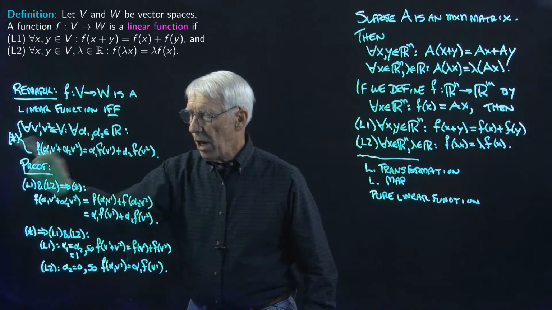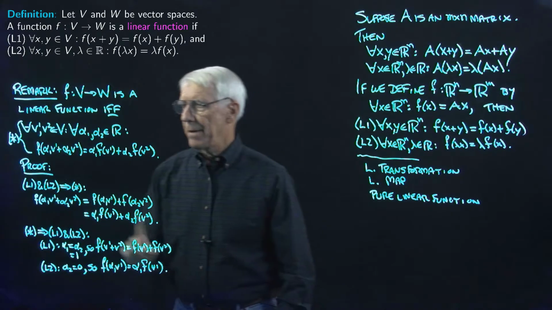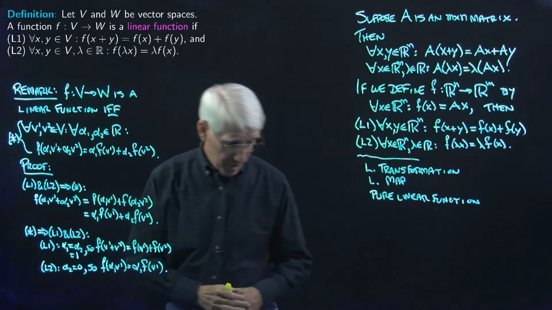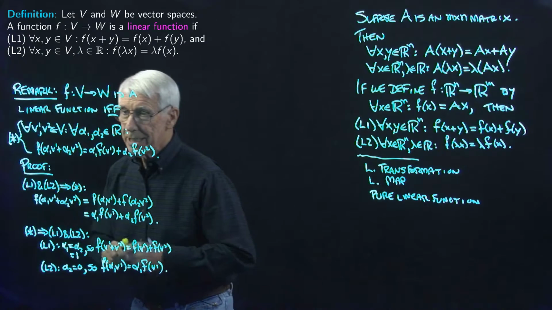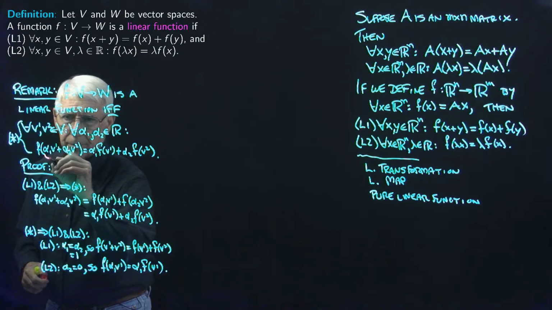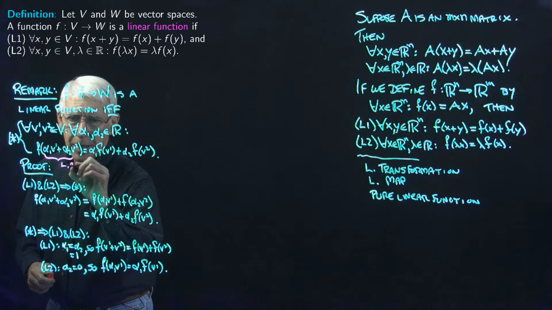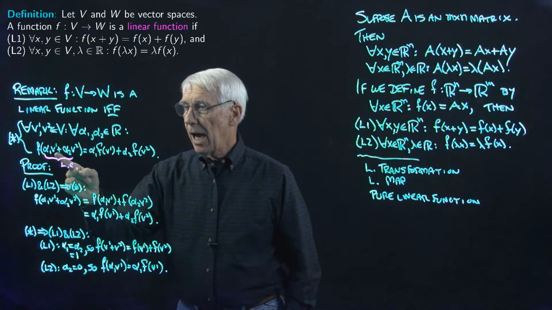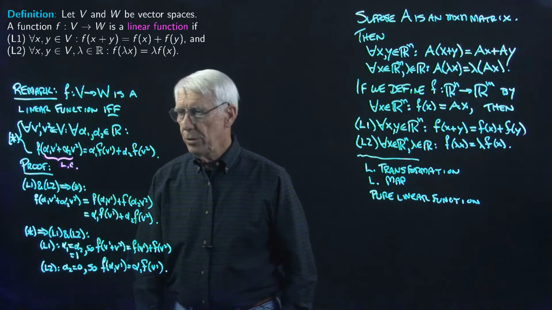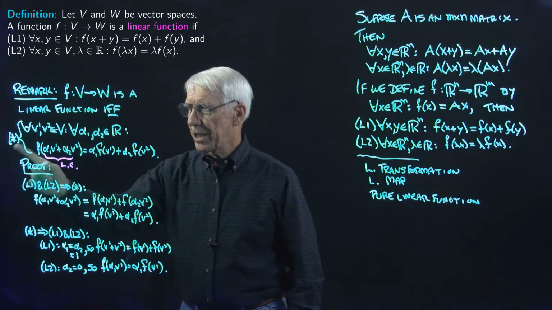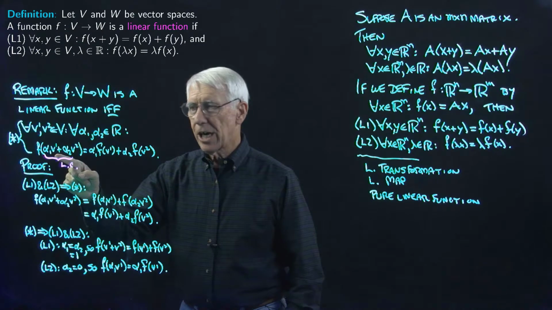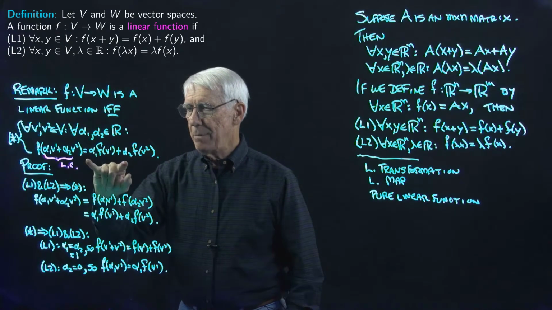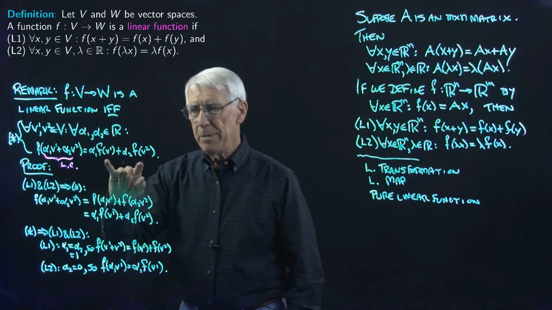And star here says that the image of a linear combination. So note that this is simply an arbitrary linear combination of the vectors v1 and v2. And so star here says that the image of a linear combination, or at least a linear combination of two vectors, is that same linear combination of the images.